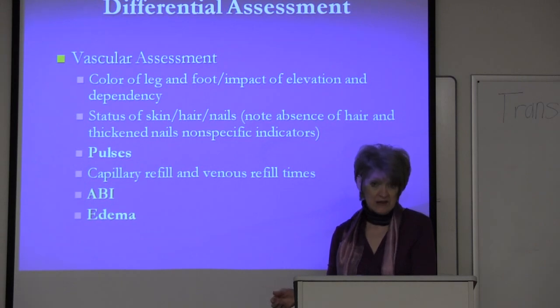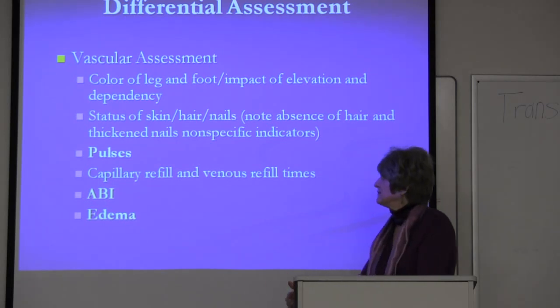Do you have diminished or absent hair growth, and is this a change? Do you have thin, ridged nails? All of those are indicators for arterial disease. If the skin looks pretty normal, if you have hair growth, if you have normal nails, then you're much less likely to have any significant arterial disease.